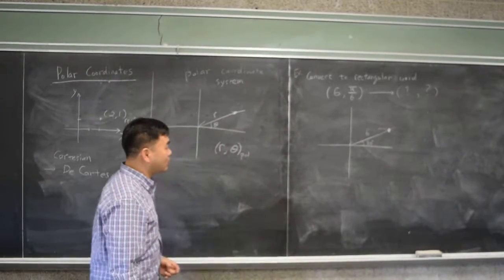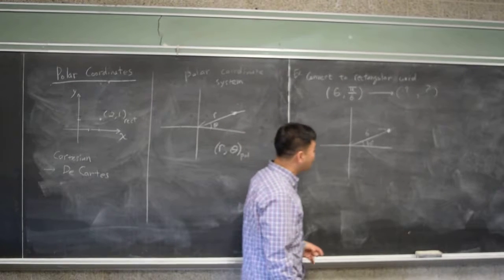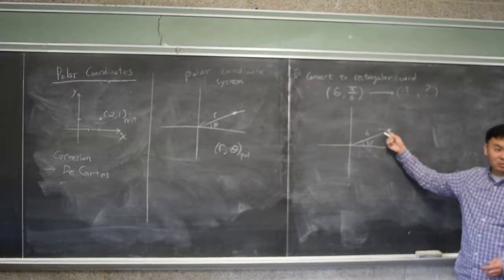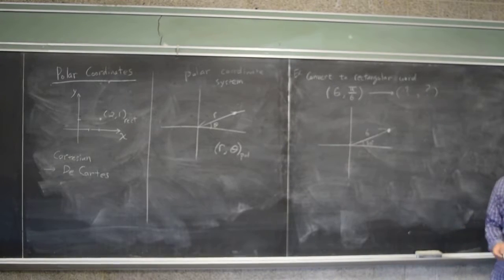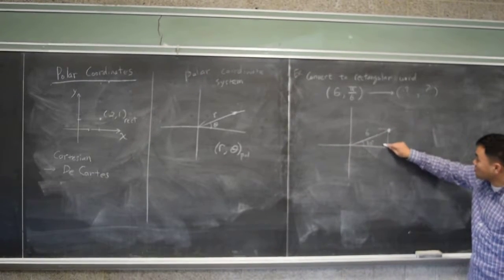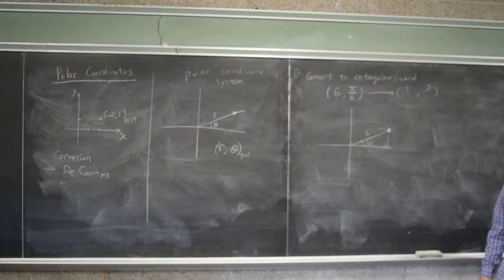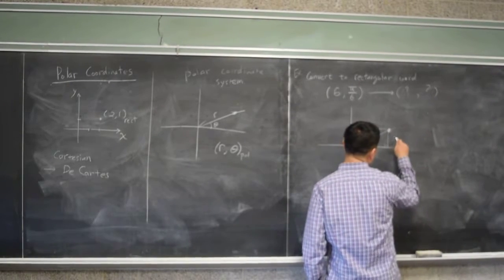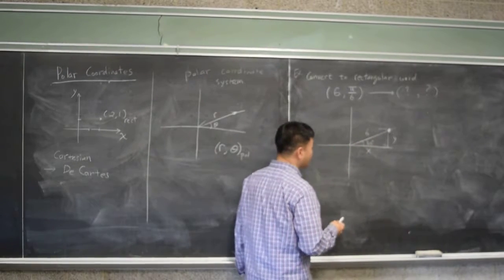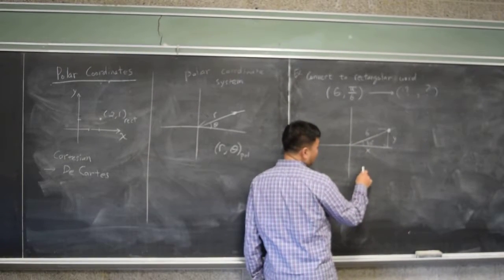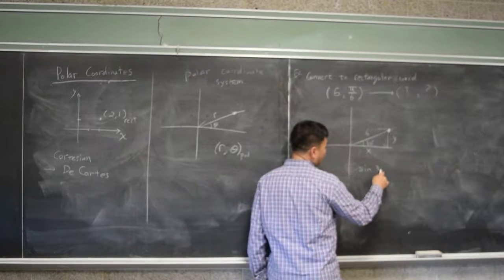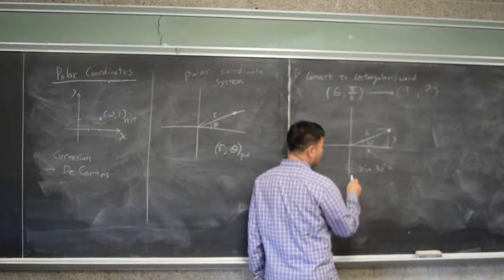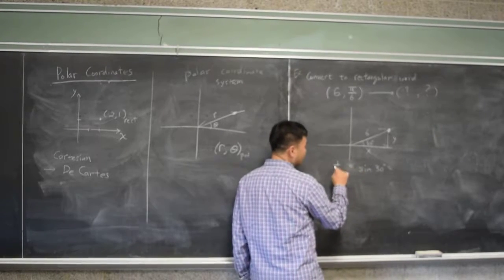Now the question is, if you were to describe the same position using rectangular, what will be the coordinates of this position? And then we can use trigonometry here, right? So you use SOHCAHTOA. If I say this is x and that's y, sine of 30 is, yeah, the value is 1/2, right?